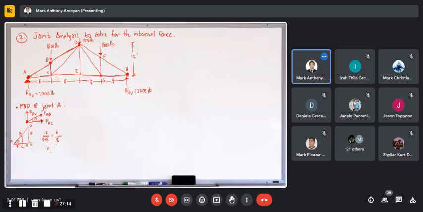Solving for H, H equals 8 times 12 all over 16, the answer is 6. So H equals 6. Therefore, for theta, since this is 6 and 8, use Pythagorean: 6 squared plus 8 squared, the hypotenuse, or the length of AB, is 10.